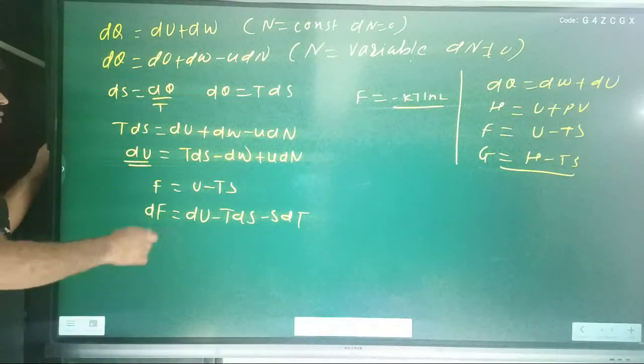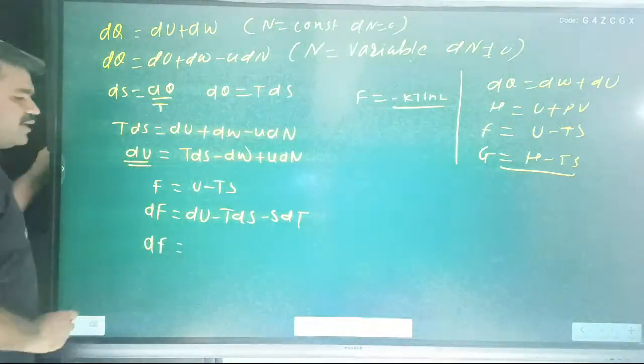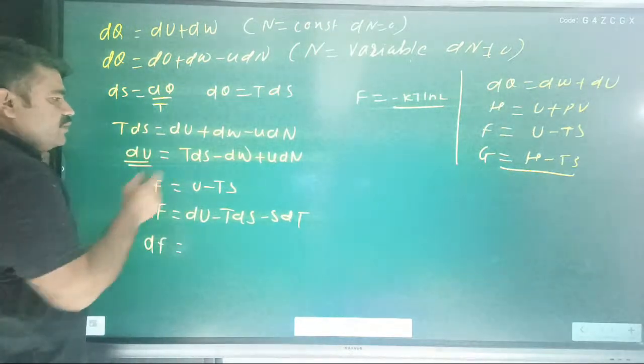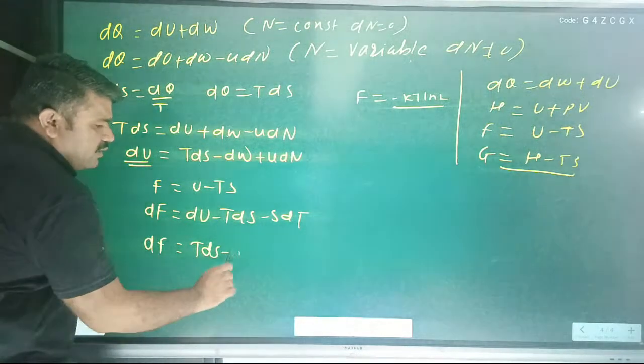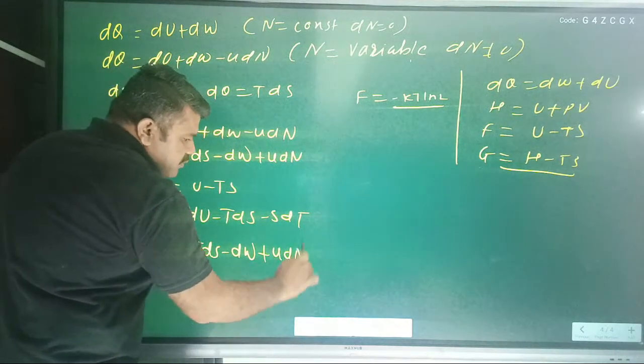Now substitute the dU value here. We know that dU is nothing but TdS minus dW plus mu dN.